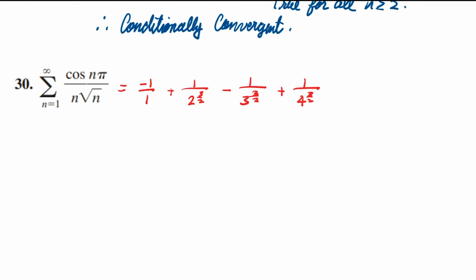So this mysterious series reveals itself. Let's rewrite it. We can rewrite this as the sum from n equals 1 to infinity of (-1)^n over n to the 3/2 power. How about that, huh?